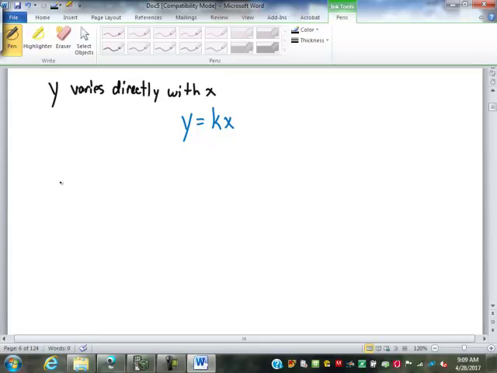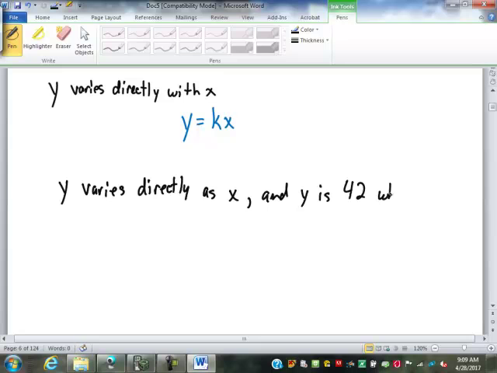If we go the next step, y varies directly with x or directly as x, however you want to word it. And y is 42 when x is 14.